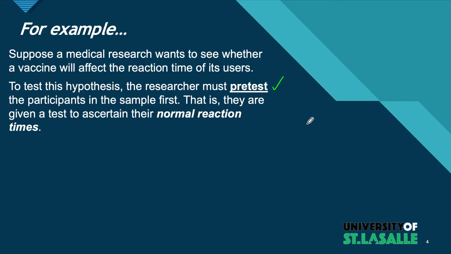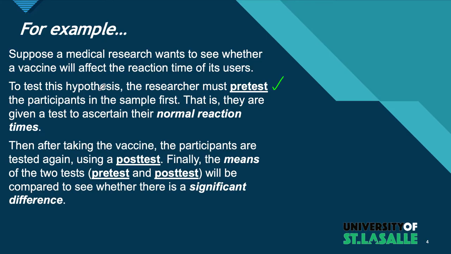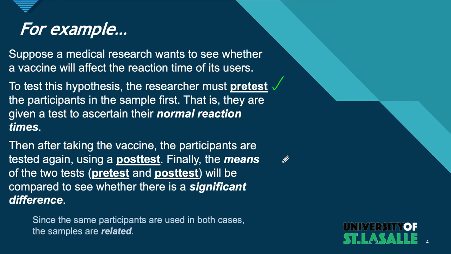Then, after that pre-test, the vaccine will be applied. The participants then are tested again using a post-test. Finally, the means of the two tests, pre-test and post-test, will be compared to see whether there is a significant difference between them.